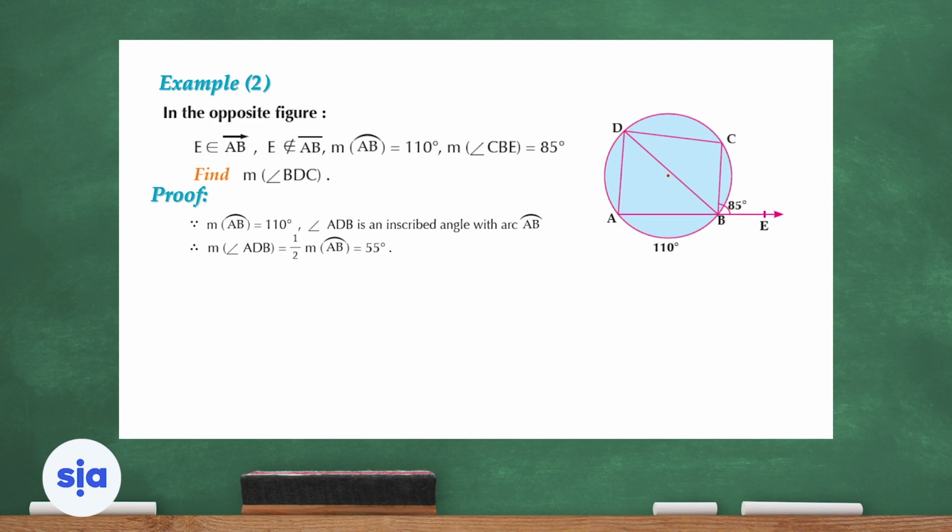As long as the measure of arc AB is 110 degrees and angle ADB is the inscribed angle with arc AB, then the measure of angle ADB equals half the measure of arc AB, which is 55 degrees.